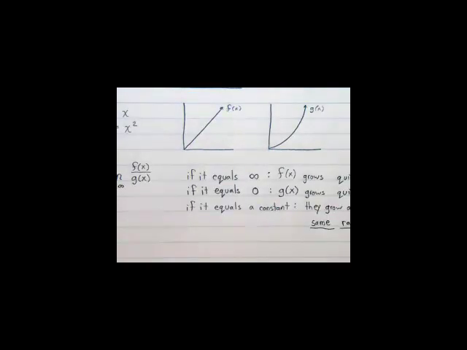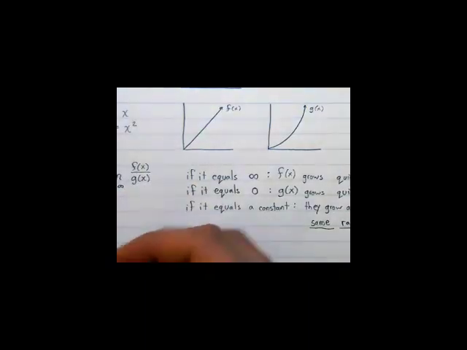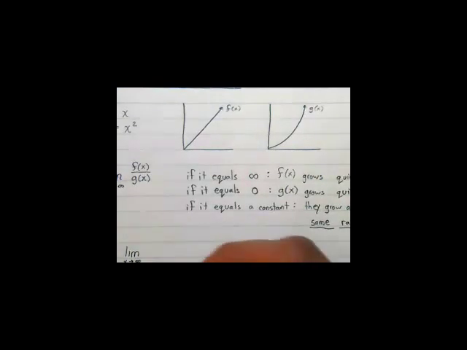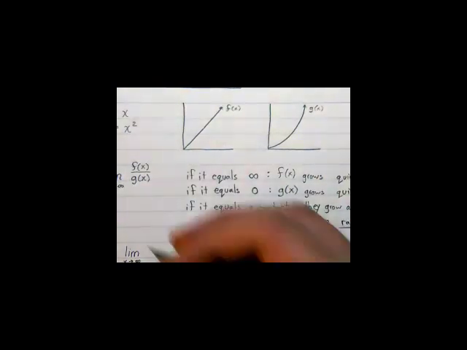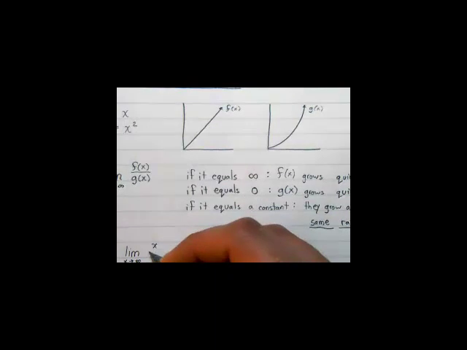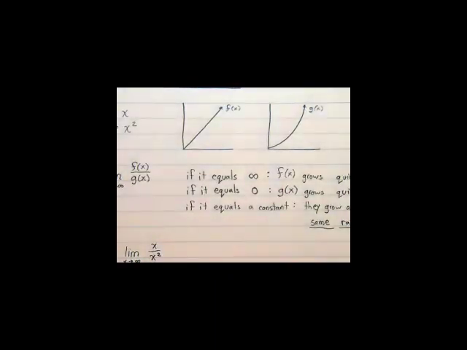So let's take a look at this one. We said g of x was the one we expected to win, right? So let's see if that works using this process. So we're doing the limit as x goes to infinity of f of x over g of x, x over x squared. Now a couple different ways you could look at this.